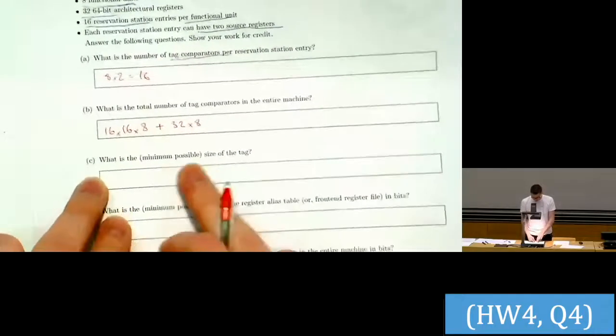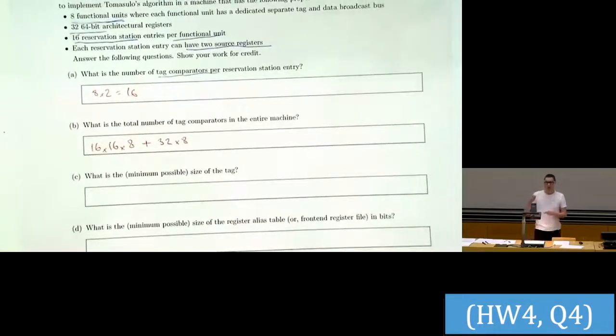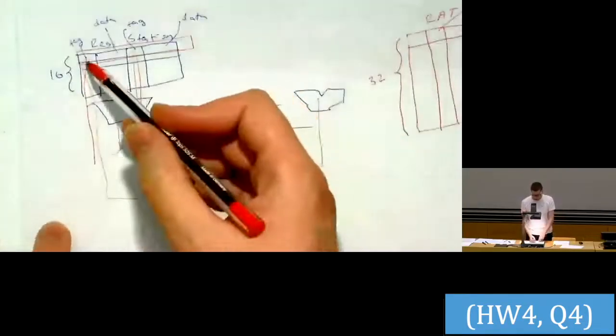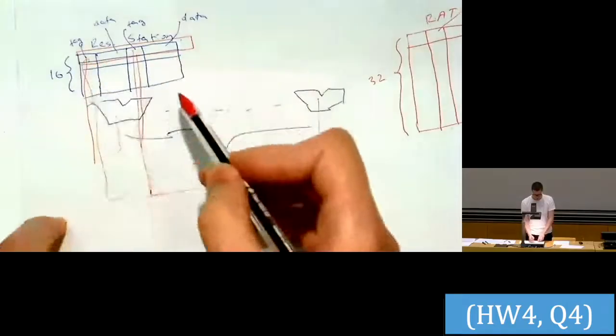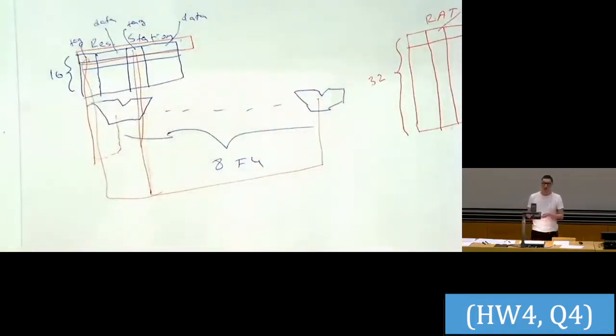What is the minimum possible size of the tag? This depends on how many entries you have in all reservation stations, right? As we show here, in a single reservation station, you may have 16 entries for which you can do some computation and produce a result.